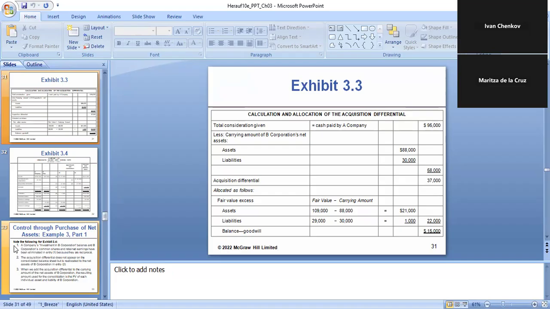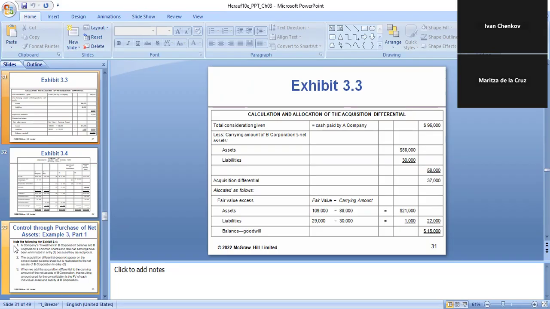We're going to eliminate the investment, because the investment that we have in the other company will be represented by the assets and liability of the other company plus the goodwill. We're going to eliminate the common shares and retained earnings of the other company, because that represents the assets and liability and the goodwill. Because again, the equity is equal to the assets minus liability. And since on the acquisition date we purchased the assets and liability, that indirectly represents the goodwill.